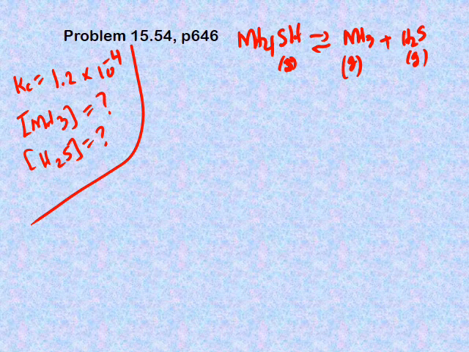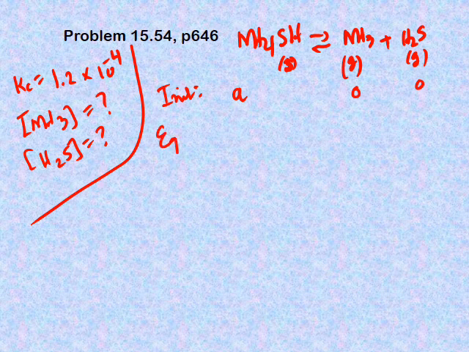Now, in order to write down any equilibrium expression, let's assume that the initial concentration of NH4HS is A. At that time, there was no product formation, so it's 0 and 0. At equilibrium, part of the reactant would be used up.